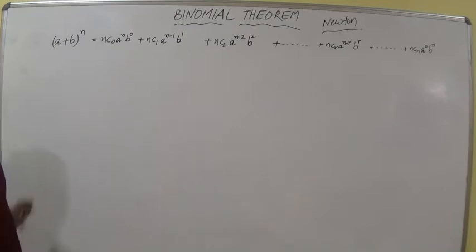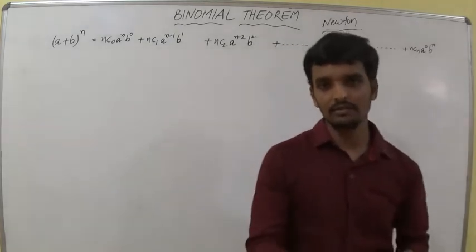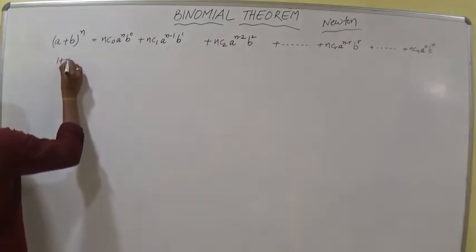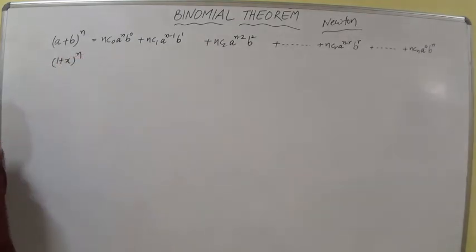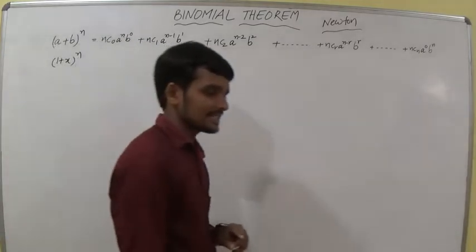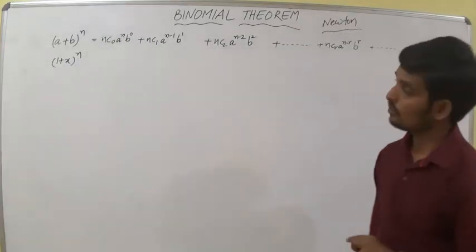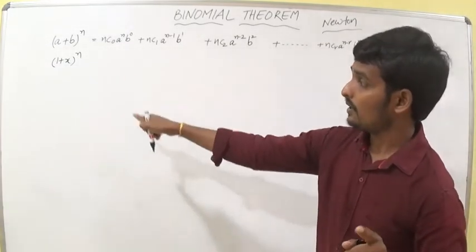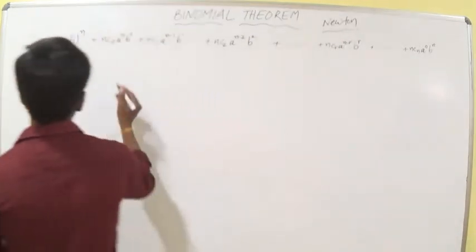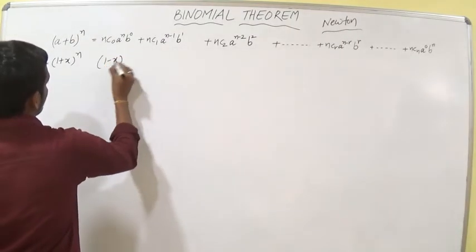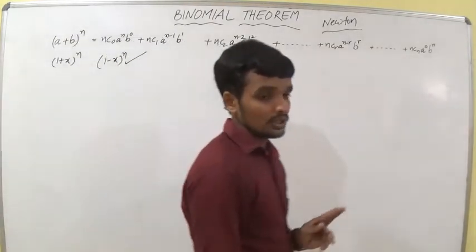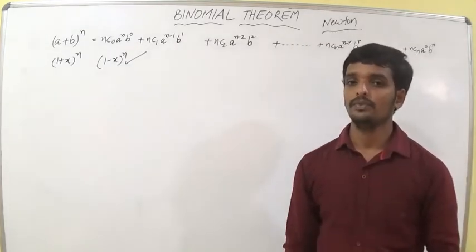So from this you have to write the expansion form of (1 plus x) whole power n. Here a is equal to 1, b is equal to x. You have to write the binomial expression for (1 plus x) whole power n. The same way, (1 minus x) whole power n, you have to write for this also. So these two you can write.